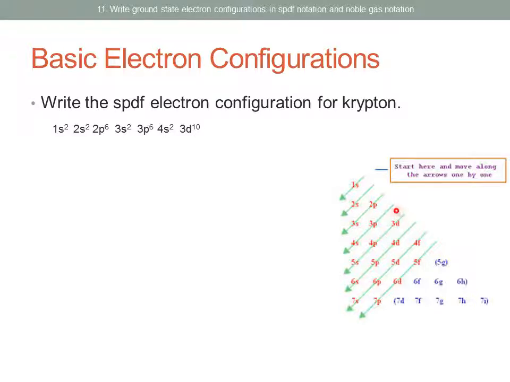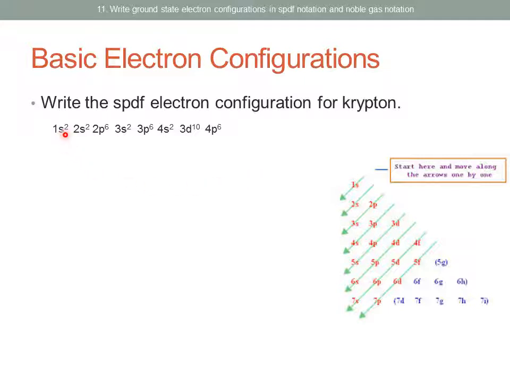Again, if you're not sure how we get that, we just follow this arrow here, 3p, through the 4s, and then we go to the next arrow, and that cuts through 3d. And recall that d sublevels can hold 10 electrons, so we can put in 10 electrons there. After 3d, we can go back to our chart here. We can see that's 4p, and we can put 6 electrons there. Now if you count up the number of electrons, you'll see that we have all of our electrons now.